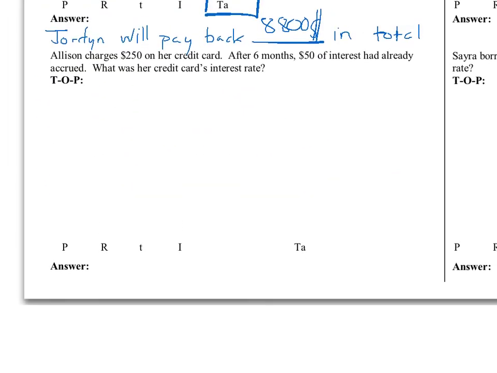It says Allison charges $250 on her credit card. After 6 months, $50 of interest had already accrued. What was her credit card's interest rate? All right, so looking at this particular problem, we're definitely looking at an interest problem. Simple interest for that matter, since it does not suggest otherwise.